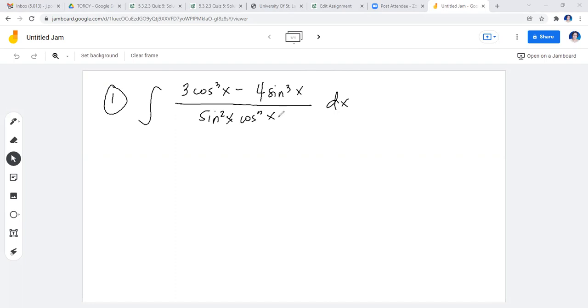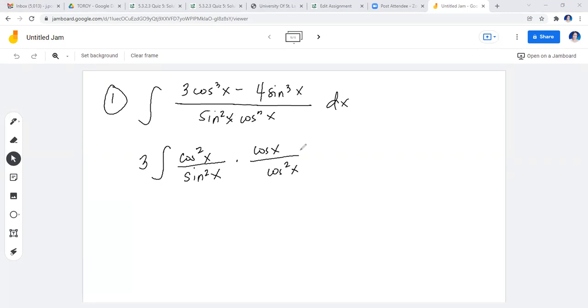If you use this as a divisor for each of the terms in the numerator, this is how it will be. 3 is a constant, so I place it before my integral. Then I will have cosine squared x over sine squared x for this one, and I will have cosine x over cosine squared x.